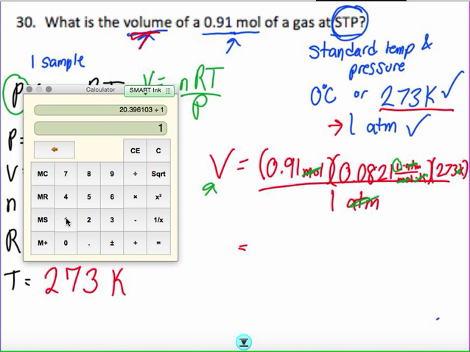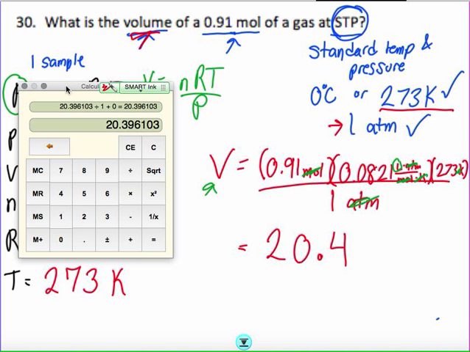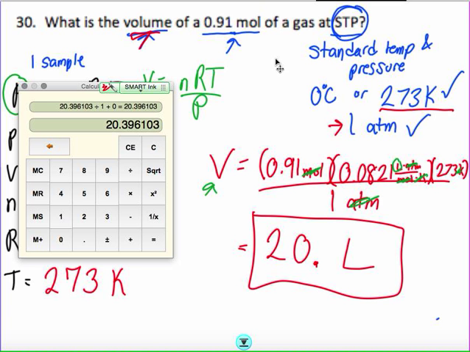You can divide by 1, but that just gives you the same answer. So our answer is 20.4. Because all of our knowns only had 2 significant figures, we would actually report that as just 20 liters. And that is our answer.